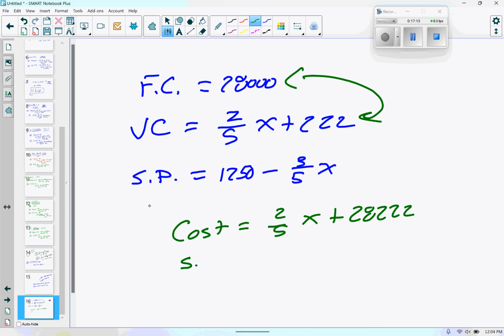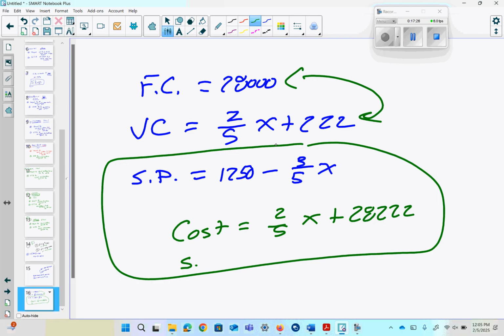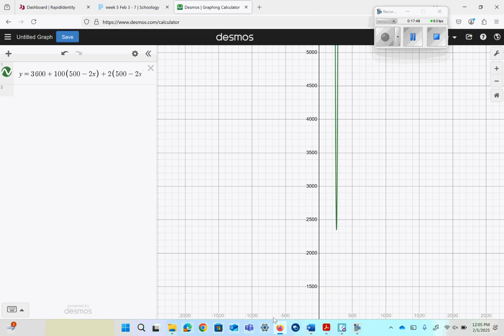So I think if we graph these two, we might have something. Get rid of this.